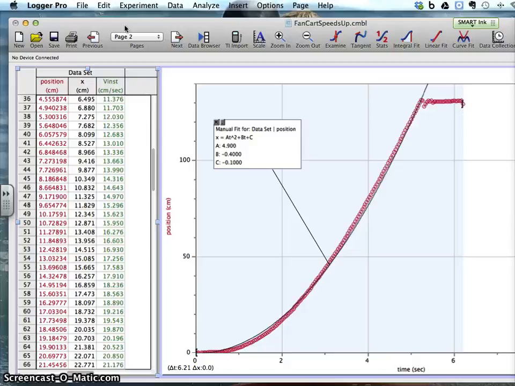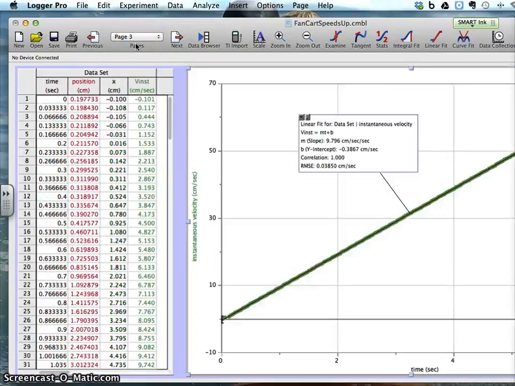Go ahead, you got 20 seconds. Compare that A term with the slope of your velocity time graph. You should see something beautiful. You got about 10 seconds. Aaron. You guys see it?